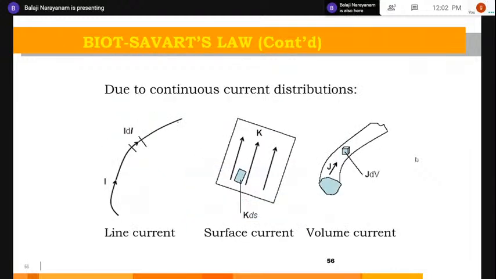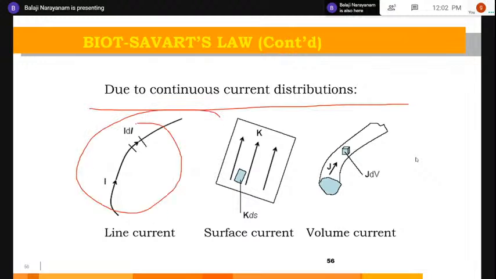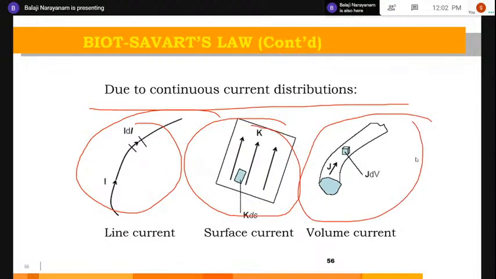And now, for continuous current distributions, this I dL is a line current, this is a surface current K dS, and this is a volume current. So we may have different current distributions: the current distribution may be in the form of a line current, a surface current, or a volume current.